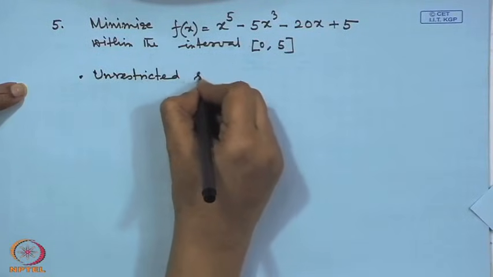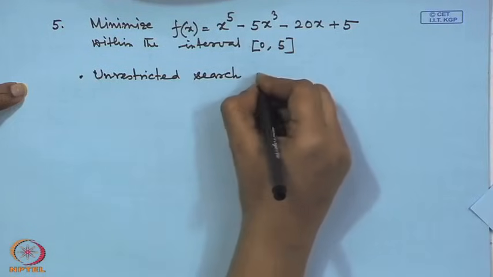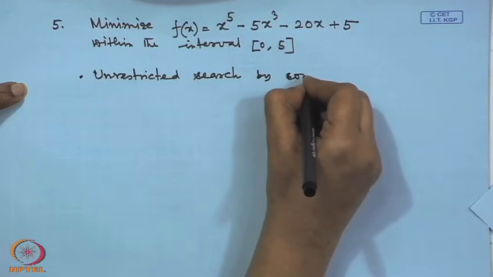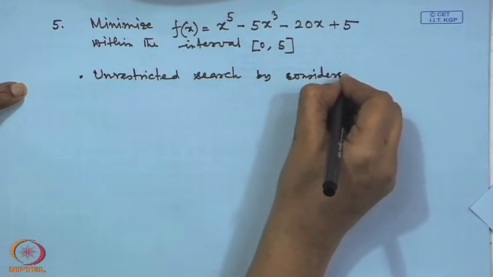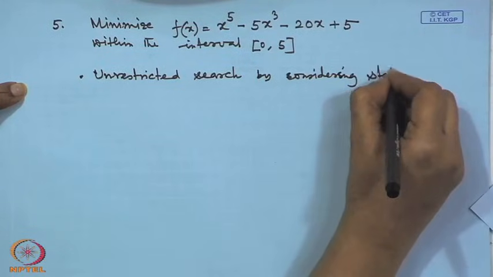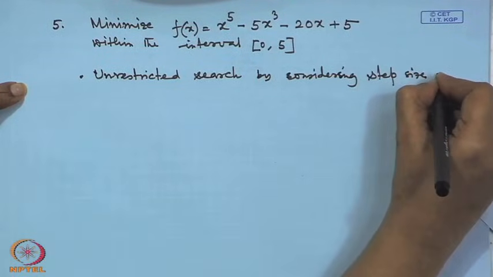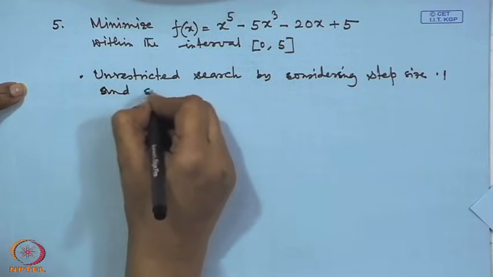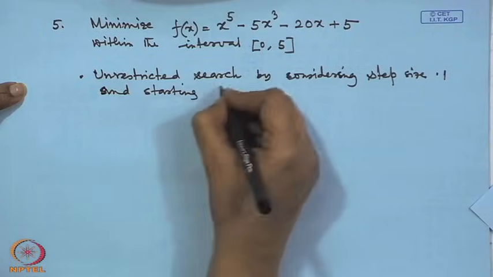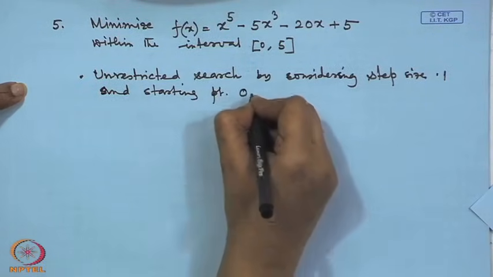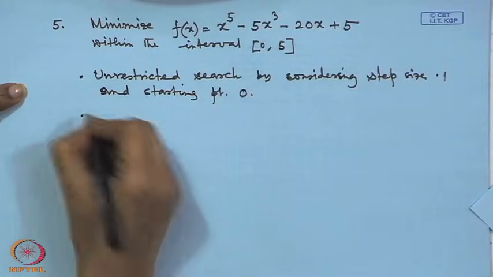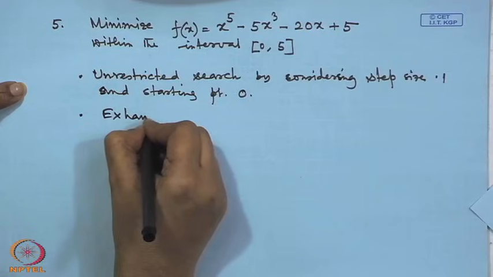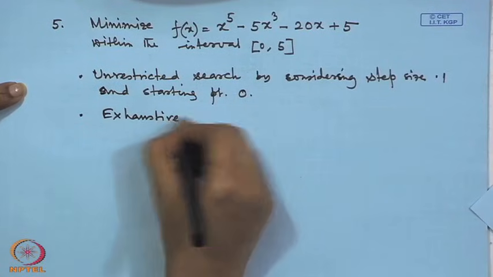unrestricted search method by considering step size 0.1 and starting point x equal to 0. Then we can apply the exhaustive search within the whole range.